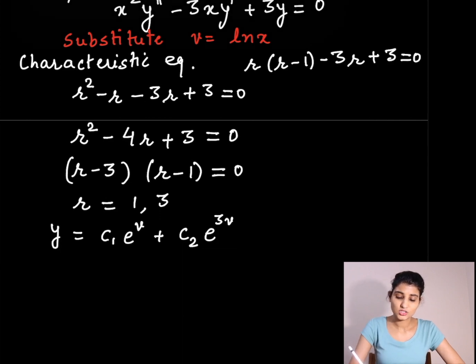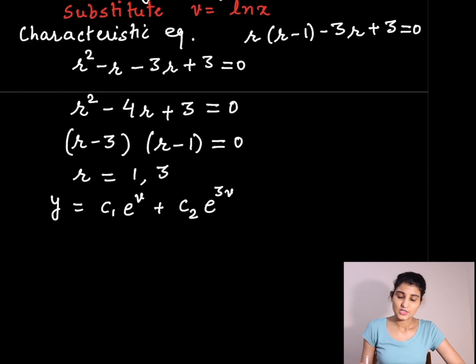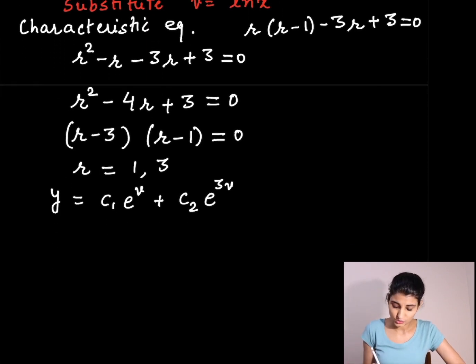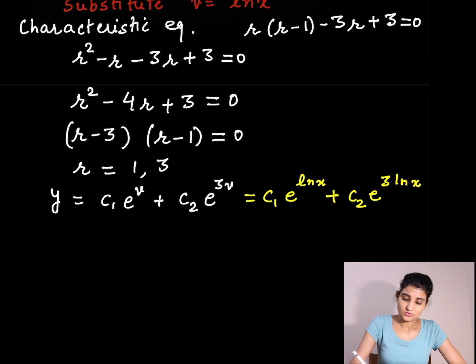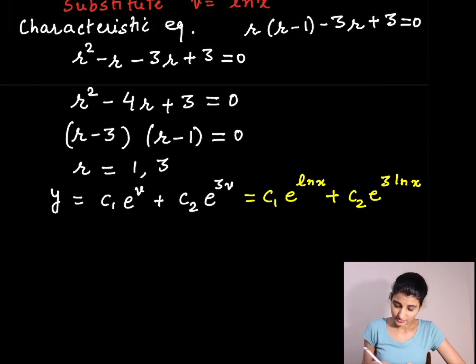But our original equation was in terms of x, so we will substitute v equal to ln x back. So we have c1 e^(ln x) plus c2 e^(3 ln x). We are going to use the property of natural log, which is b times ln a is equal to ln of a power b.